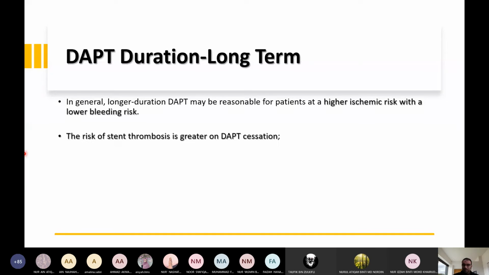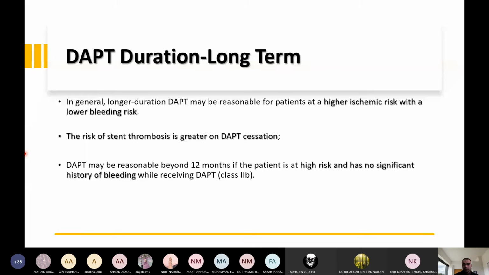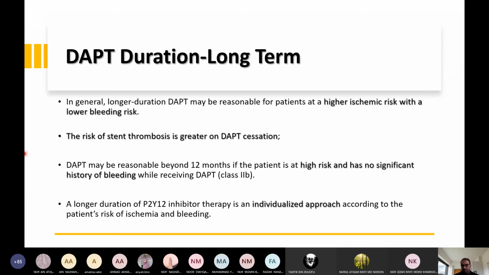And the risk of stent thrombosis will be greater on cessation. There is evidence for this. Dual antiplatelet therapy may be reasonable beyond the 12 months. We extend this if the patient is at high risk and has no significant bleeding risk, as I mentioned.